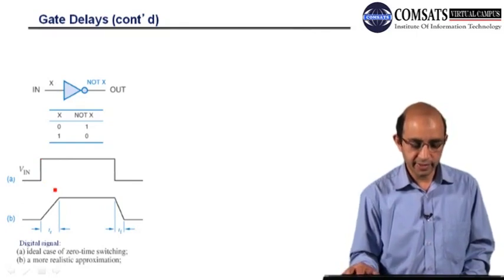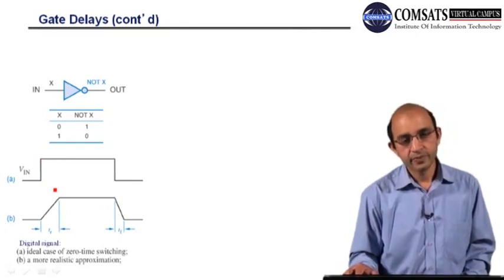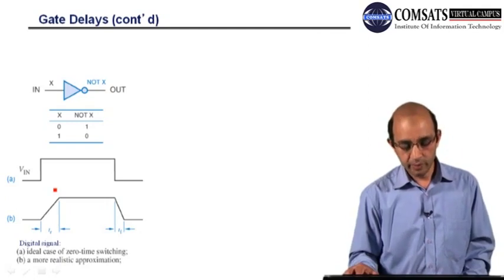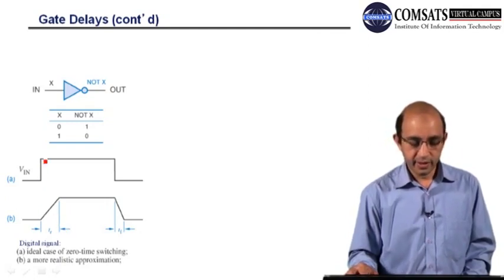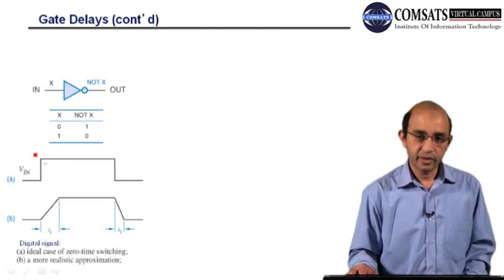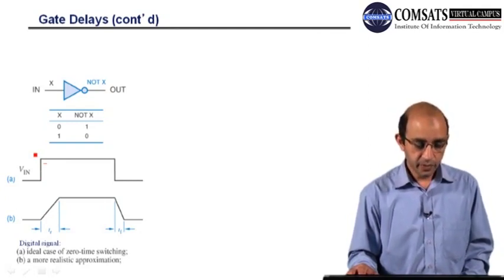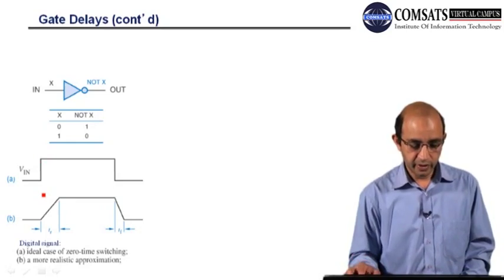So this is the ideal case, or you can say zero switching time. But in real life, from the real manufacturing point of view, this will not happen. We have to have a delay.